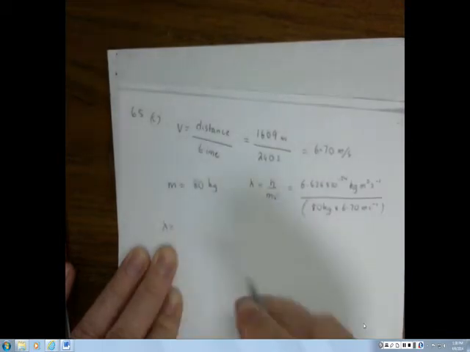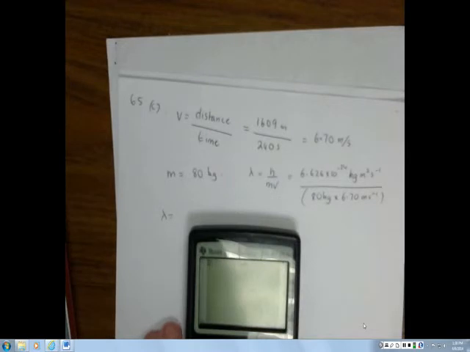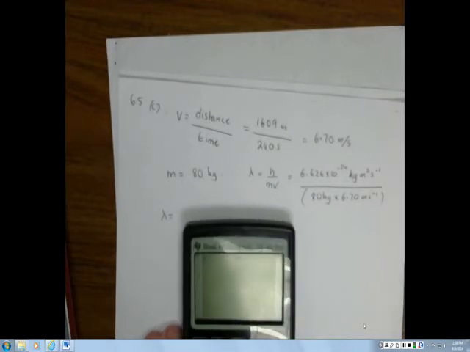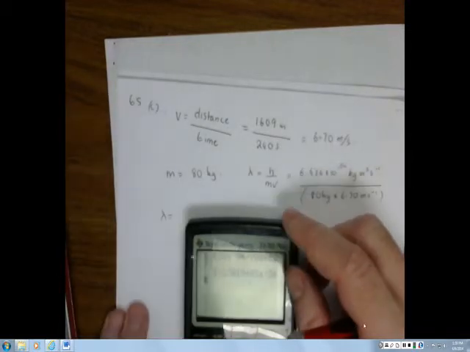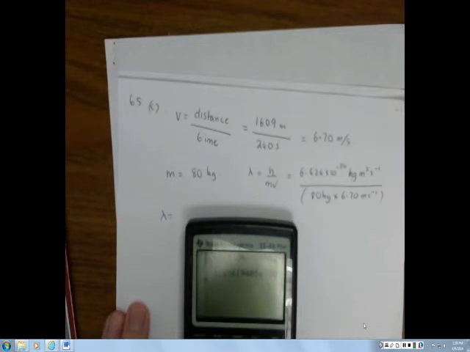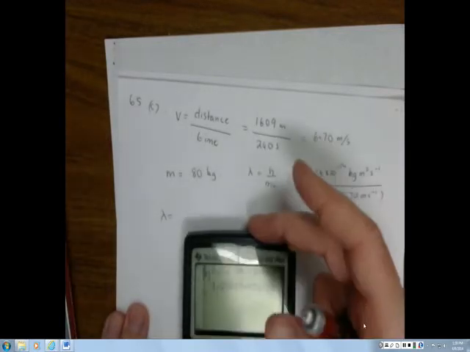So lambda is 6.626 × 10^-34 divided by (80 times 6.7). He's got a tiny little wavelength, 1.23 by 10 to the minus 36.